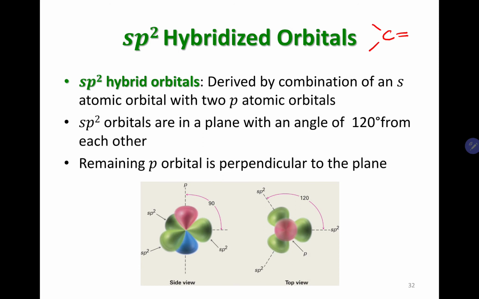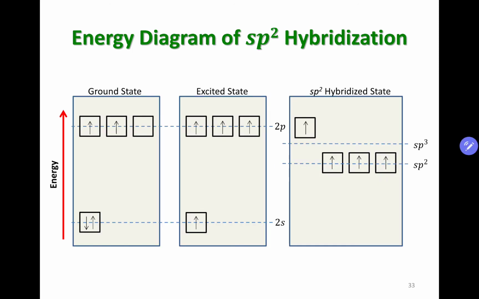So basically, once again, the carbon will go from ground state to the excited state, because you're going to make a bond. So carbon has to get excited, right? So it will have four singly occupied orbitals, one s orbital and three p orbitals.